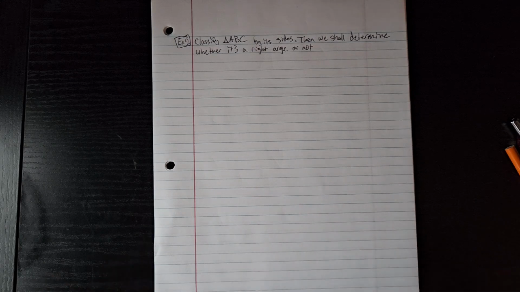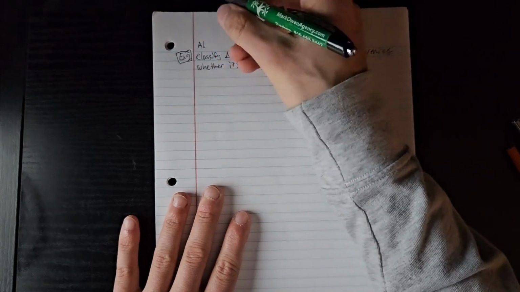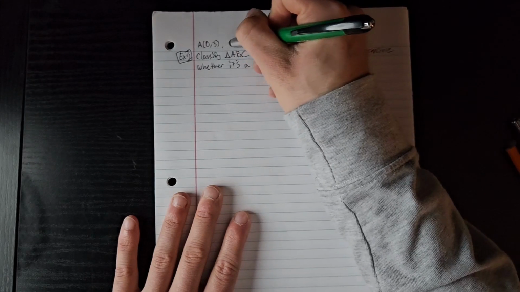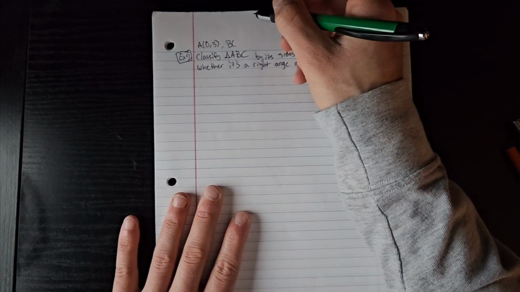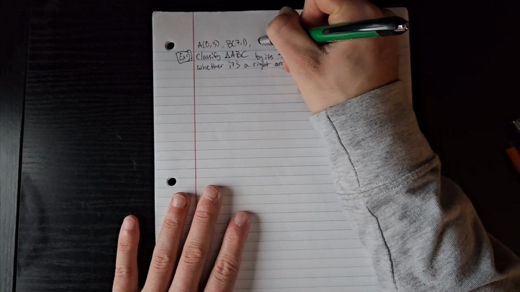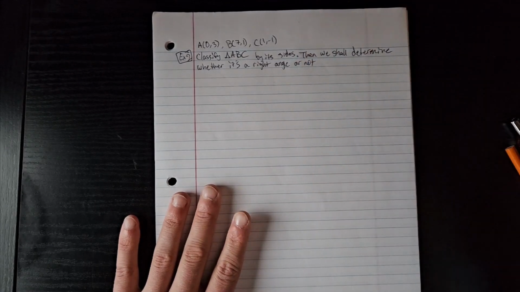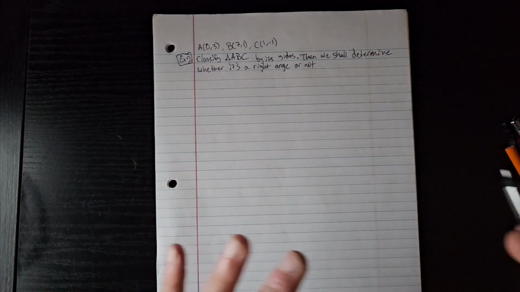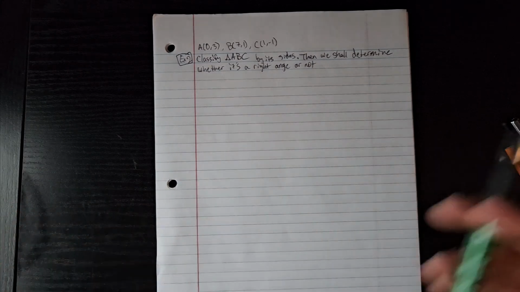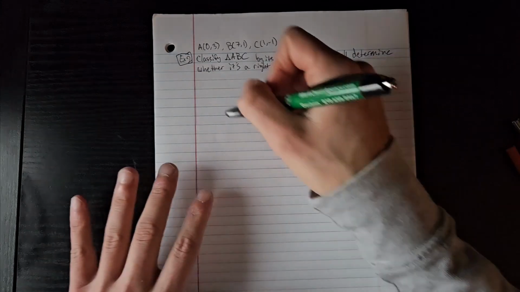First thing to note, I'm going to give the vertices for A, B, and C. A is 0, 3. B is 7, 1. And C is 1, negative 1. If you have the guided notes, you should have an actual figure of this. I do not. I get to draw it.